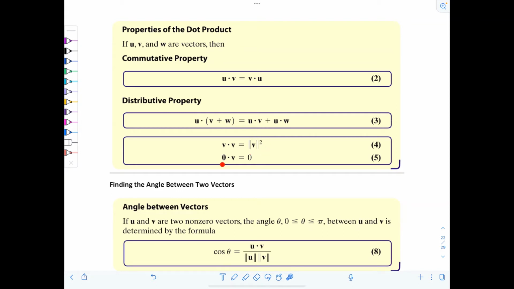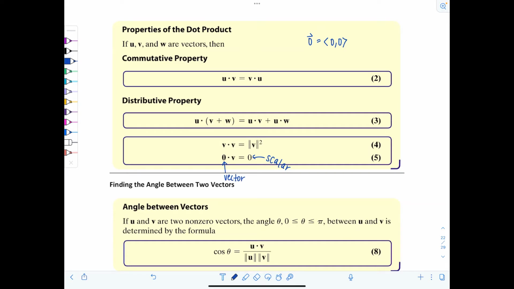And then the 0 vector. Remember, the 0 vector has 0 for all its components. So in two-dimensional vector space, it would be just the vector 0, 0. If you dot it with any vector V, you get back 0. Notice this one is a scalar because it's not bold. This 0 here is a vector.